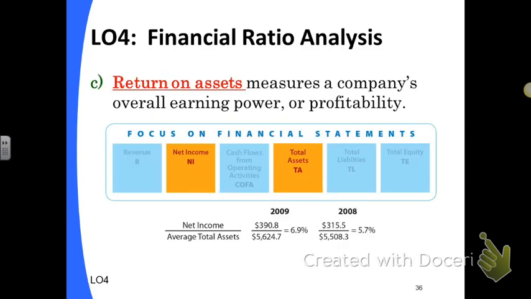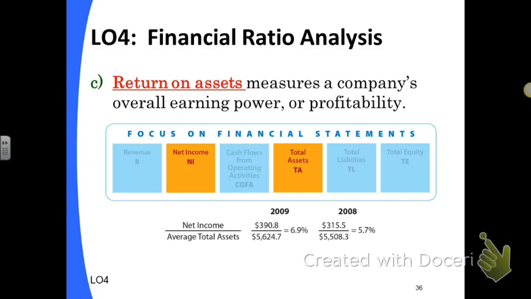Then our next measure of profitability is our return on assets. This measures a company's overall earnings power or profitability relative to each dollar of assets. And we can see that for our company, its return on assets increased from 5.7 to 6.9, and our calculation is our net income over our average total assets.